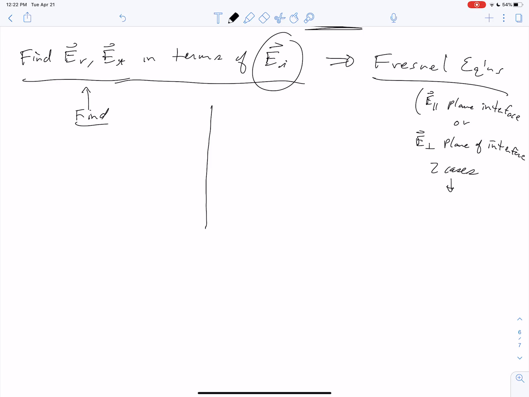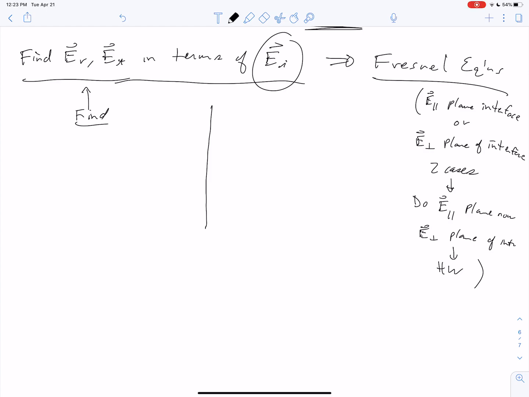Let's do the one with the electric field parallel to the plane of interface, and for the electric field perpendicular to the plane of interface, that's for homework. Okay, so right now I'm going to do the one case.